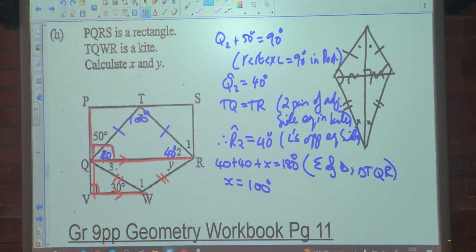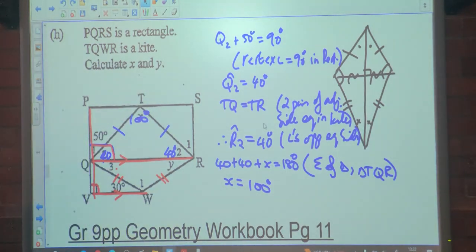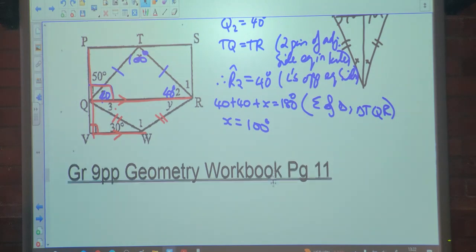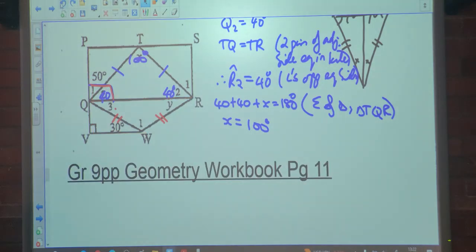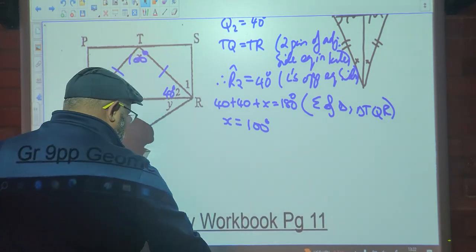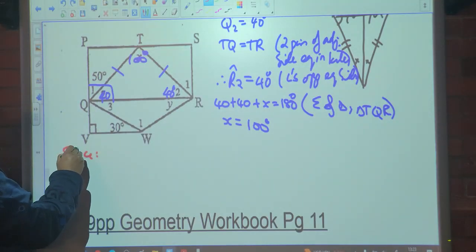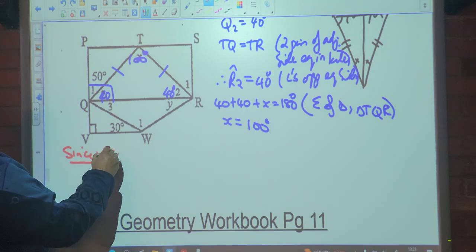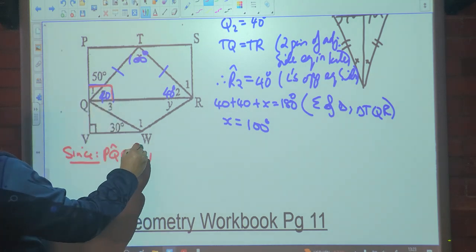Can you see I'm using the converse of the theorem? I think it's the first time you're using the converse, no? Okay. So let's go with that quickly. Where do we start? We say, stating the obvious, that PQR, which is this angle here, is equal to angle B, which is equal to 90.